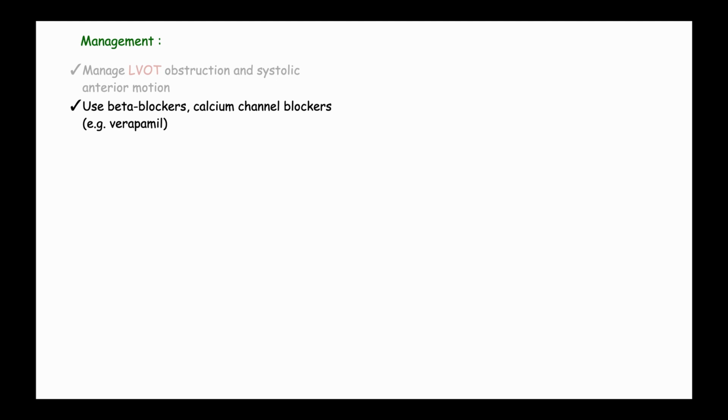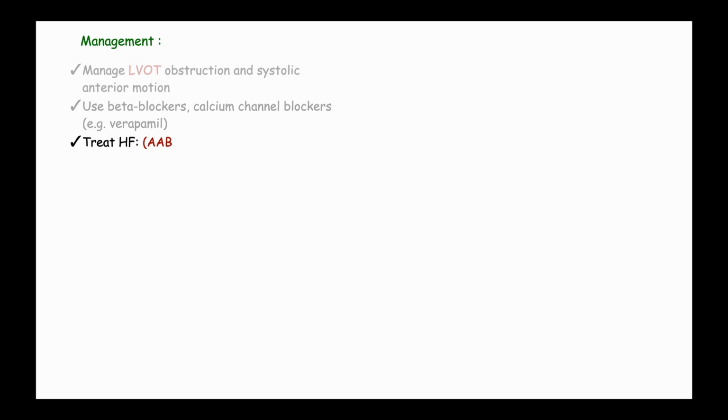We must initiate the use of beta blockers as well as calcium channel blockers, and we use the beta blockers to help reduce the rate at which the heart is contracting so that it can take its time to fill with enough blood and pump enough blood into circulation. Then we can also use the calcium channel blockers. Specifically, you can use verapamil, which will also reduce the workload of the heart.